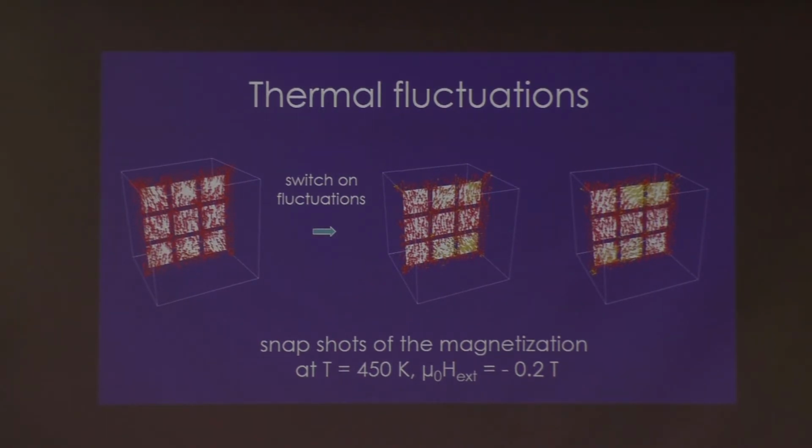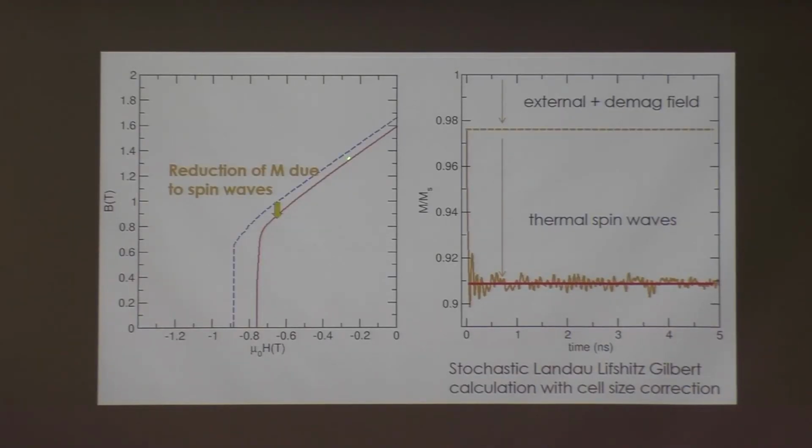So we have spin waves, and the magnetization fluctuates. And if we take the average magnetization over a certain amount of time, then we reduce our magnetization from the dashed line to the red curve here.